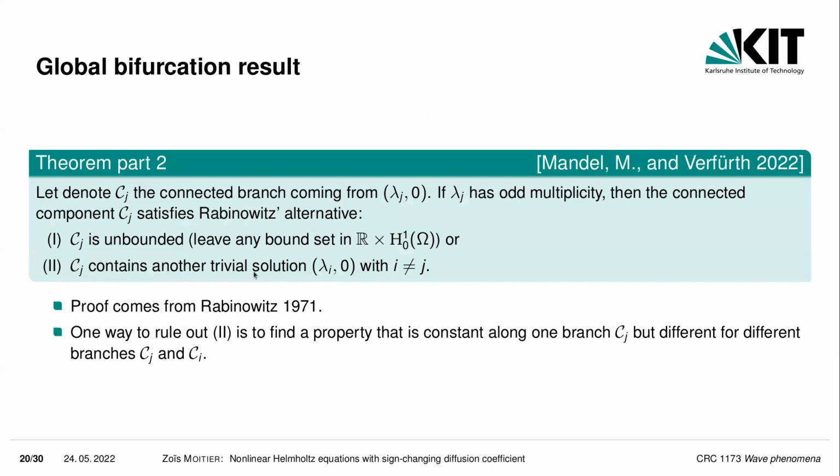Okay, the proof comes from this Rabinowitz theorem, and one way to rule out one of the two alternatives is that if I can find a property that is constant along the branch, but different for different branches, then I know that if a branch actually connects two bifurcation points, this property must be the same, and if it's different for the two bifurcation branches, this cannot happen.